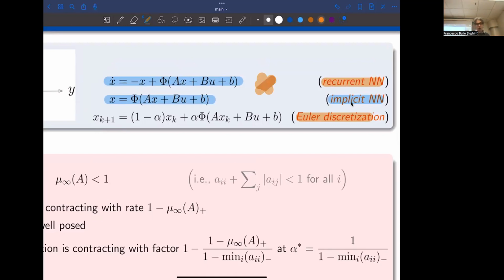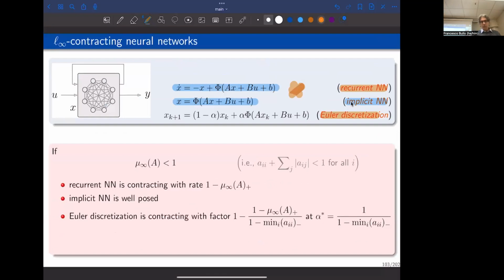Okay, so now, what do you know from everything that we have said so far? Allow me this opportunity to maybe do some redundancy so that we all remember. What we have seen is that if the matrix A satisfies my contractivity or log norm condition with respect to the infinity norm, less than 1, there is a 1 because, you know, there is the minus identity matrix there, right?